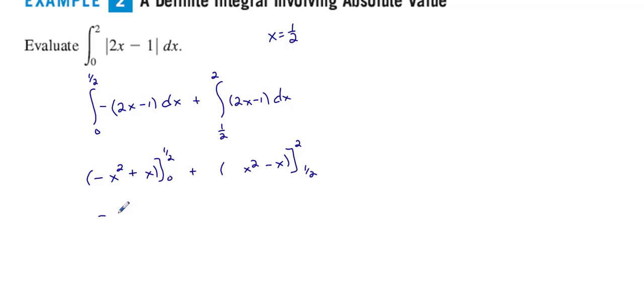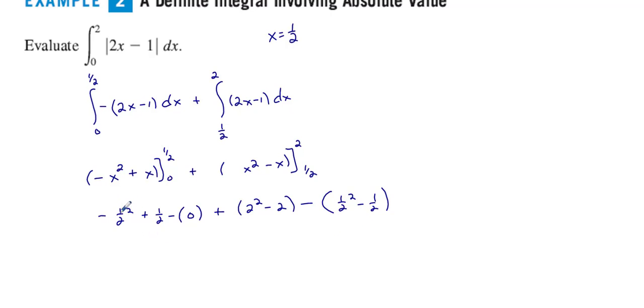All right, so we have negative 1/2 squared plus 1/2 minus 0. Plug in 0, it's 0 for both, right? Plus, okay, let's see here, 2 squared minus 2, minus 1/2 squared minus 1/2. Go through this.